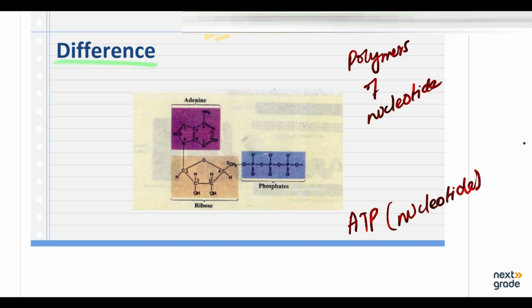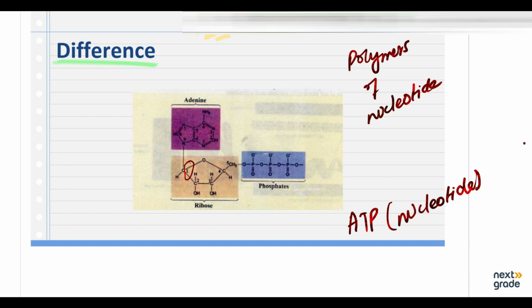In a typical structural formula of a nucleotide such as the one on the screen, the nitrogenous base is attached to position 1 of the pentose sugar.